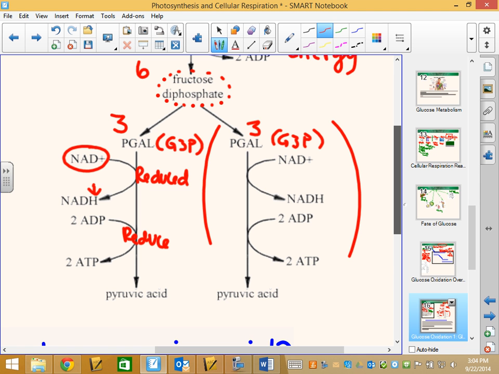I'm reducing. If I'm reducing NAD, I have to be oxidizing something else. So what is getting oxidized? My carbon molecule. It gets oxidized so that other molecules can be reduced.